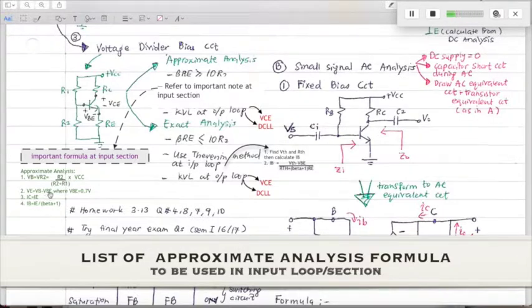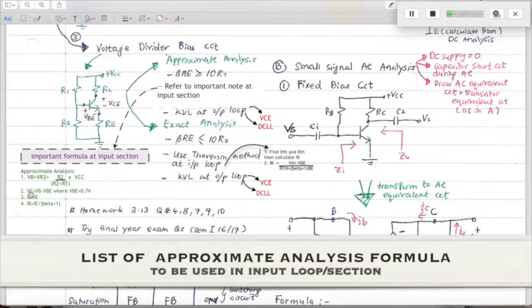You need to use 0.7 volts. So VE is equal to VB minus VBE. Whatever VB value you obtain, you replace it and then subtract 0.7 volts.